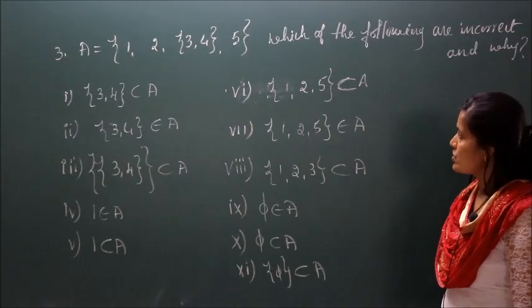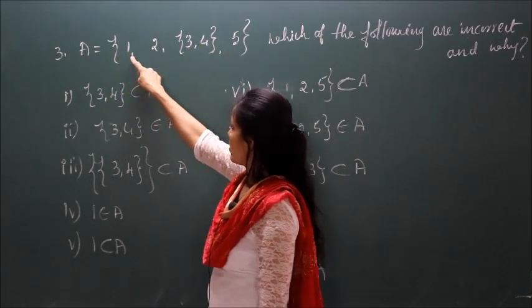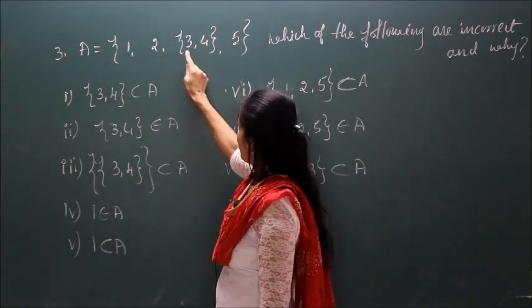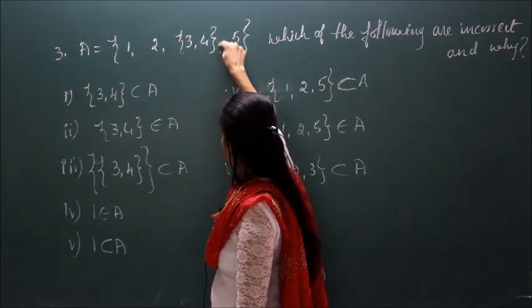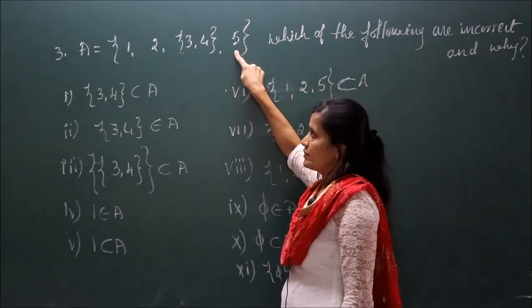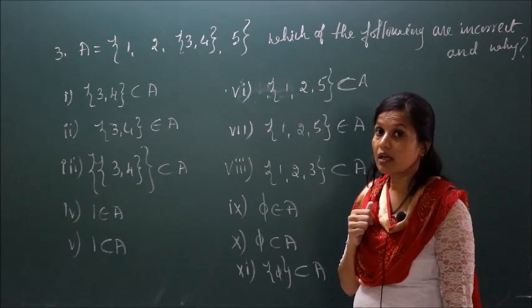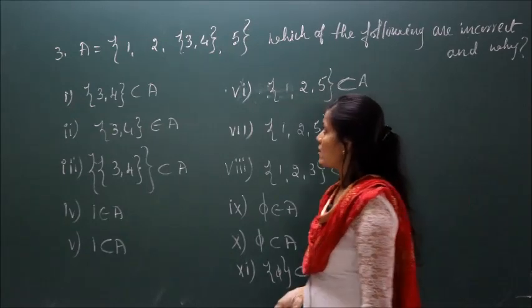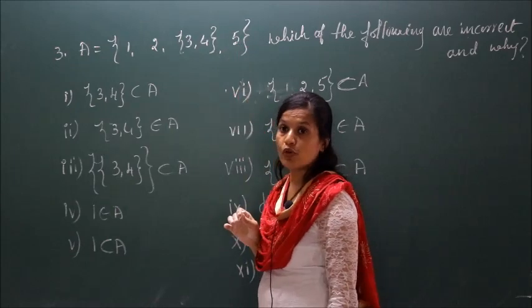Look at the next question. Set A is given, and its elements are 1, 2, 3, 4 within the flower bracket, which together makes one element, and 5. So if I ask you how many elements are there in the set A, do you say that it is 1, 2, 3, 4, 5, or it is only 4?